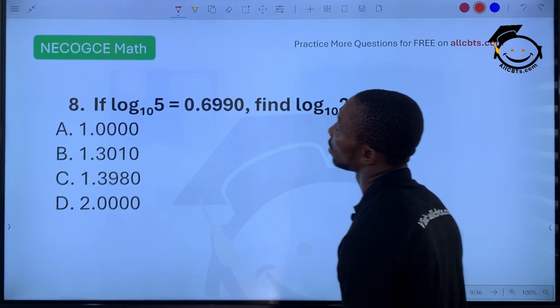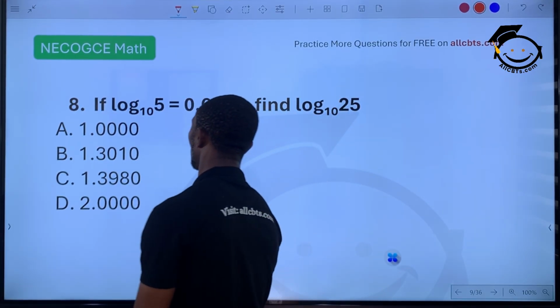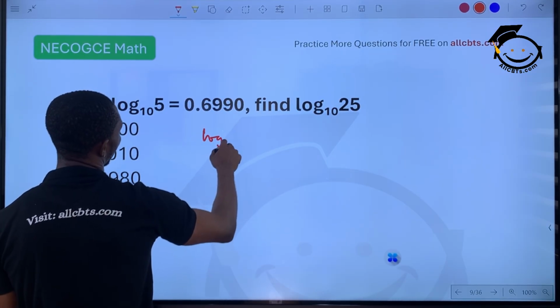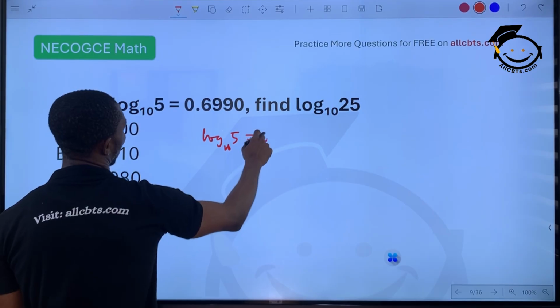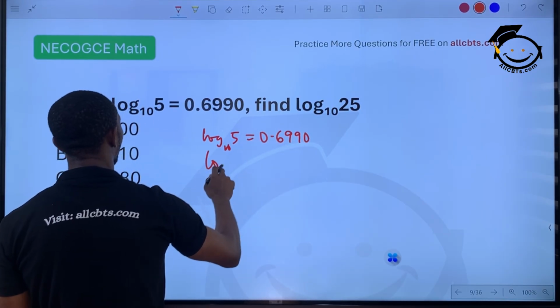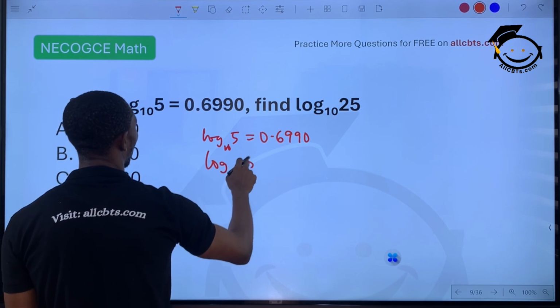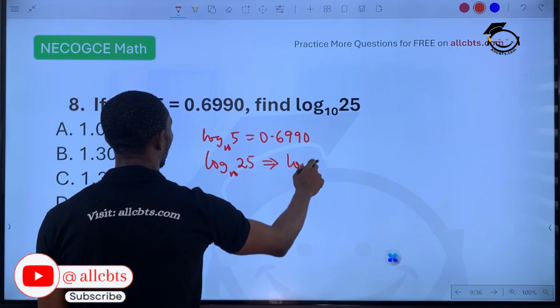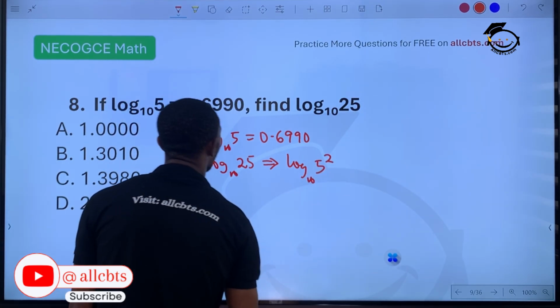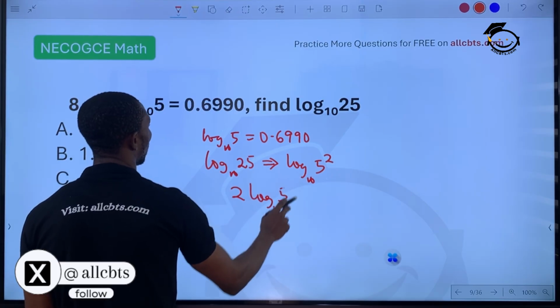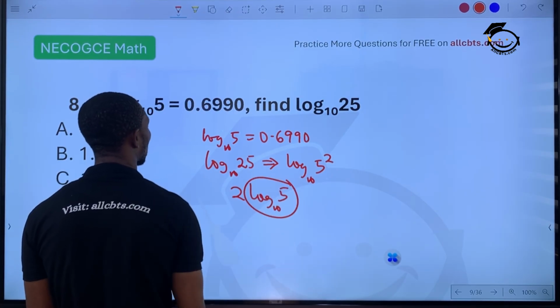If log 10 base 5 equals 0.6990, find log 10 25. Now we can turn this to be log 10 of 5 raised to power 2. So this becomes 2 log 10 5, and this has been given to us as the value.